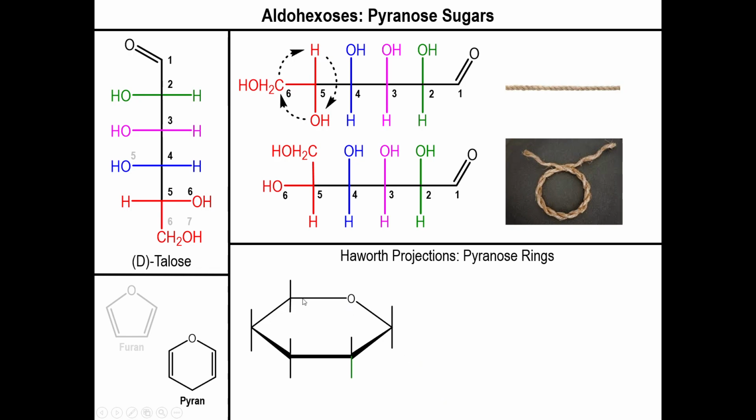When you make this six-member ring, what you have to recognize is that this oxygen in the ring is position 6. That's the oxygen at the tail end of that horizontal line. And the consensus is that you pretty much move around the ring clockwise, right? So if this is position 6, which is literally the last position of the chain, then going clockwise is going to take me straight back to position 1.